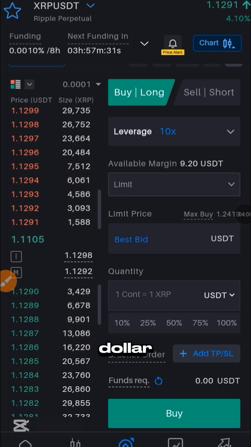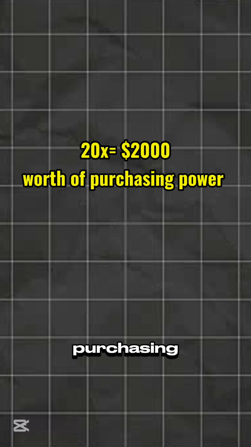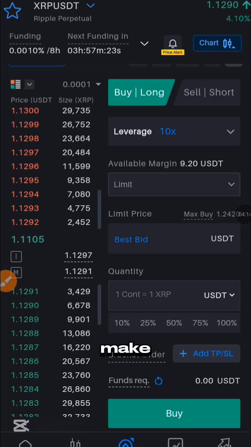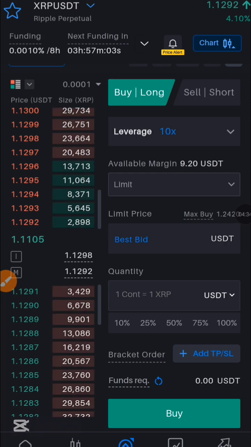Now, your $100 controls $2,000 of purchasing power. A tiny market move can make you a lot of money using 20x leverage, or wipe out a huge portion of your account in seconds. You have to understand that the higher the leverage, the less room price has to move against you before your trade gets liquidated.